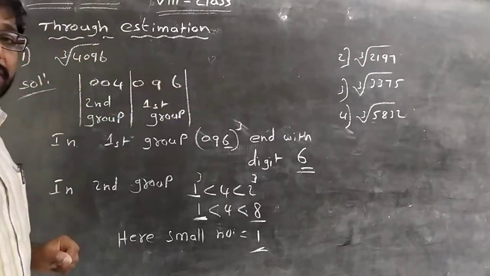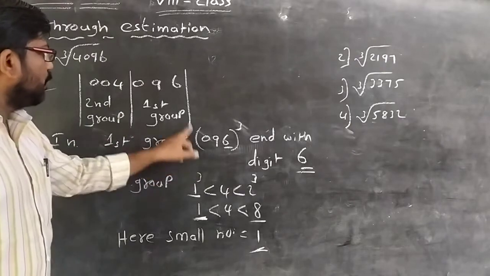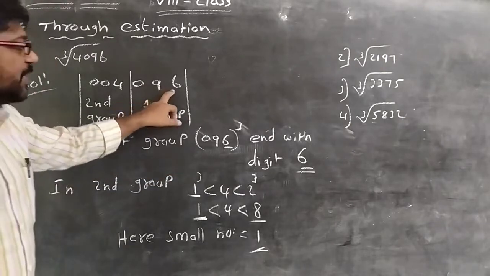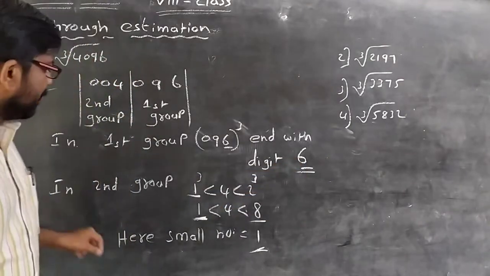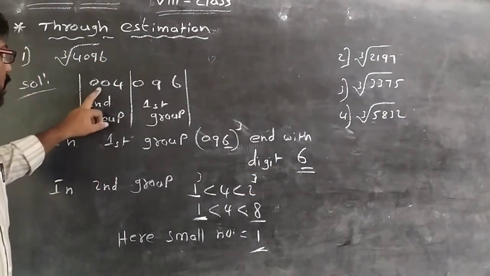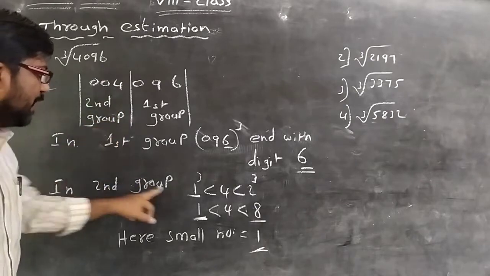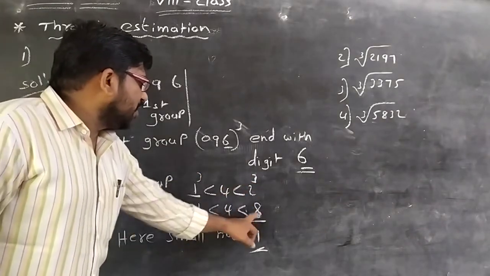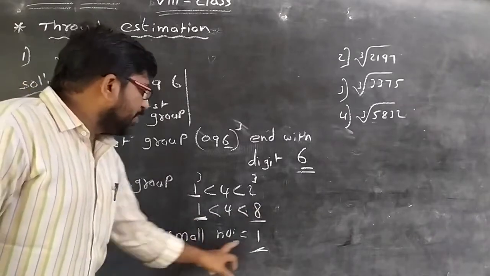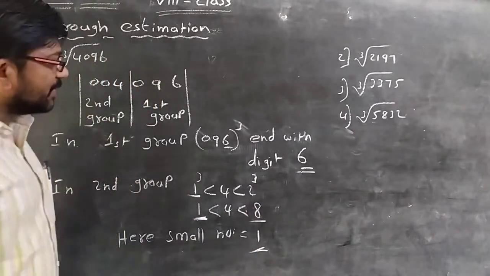So once again, listen. The first step is to group 3 digits from right to left. In the first group, the cube of the units digit ends with 6, so it comes in the units place. In the second group, the number 4 lies between 1 cube and 2 cube, so in this 1 and 8, the smallest one becomes the tens place.